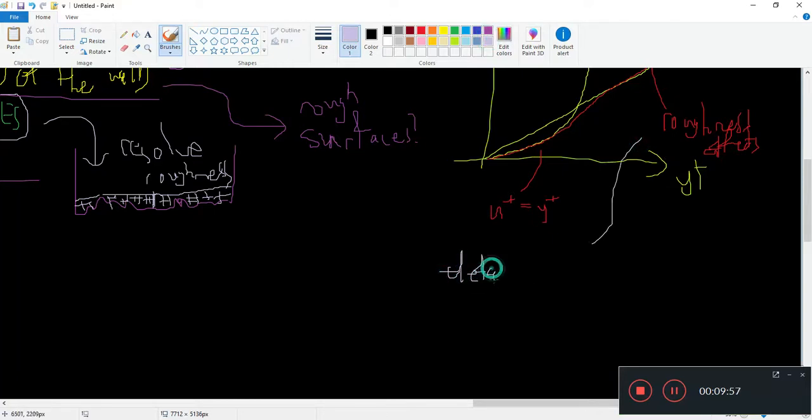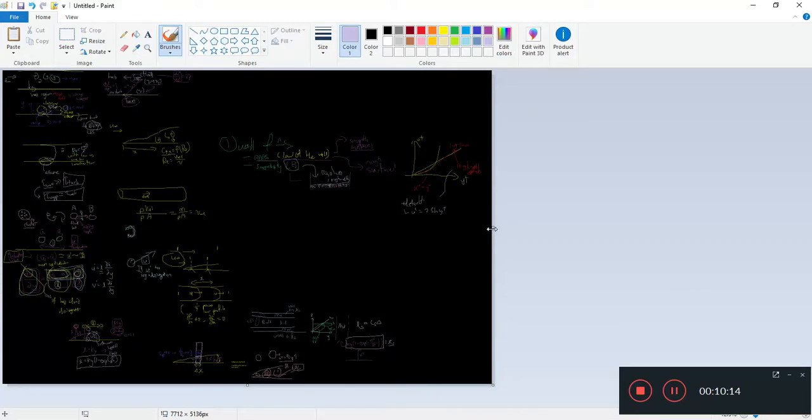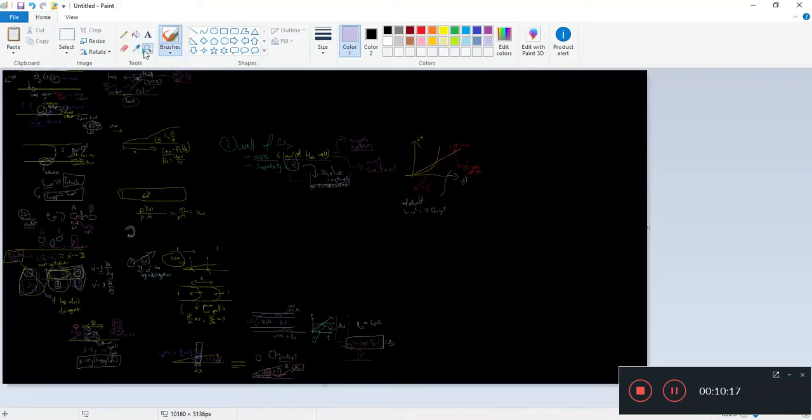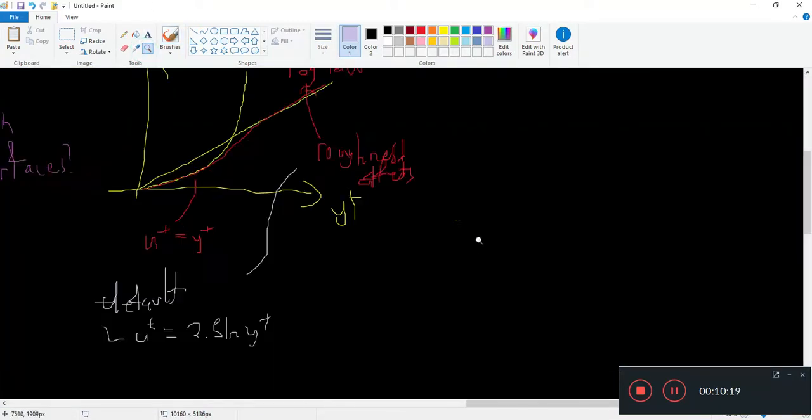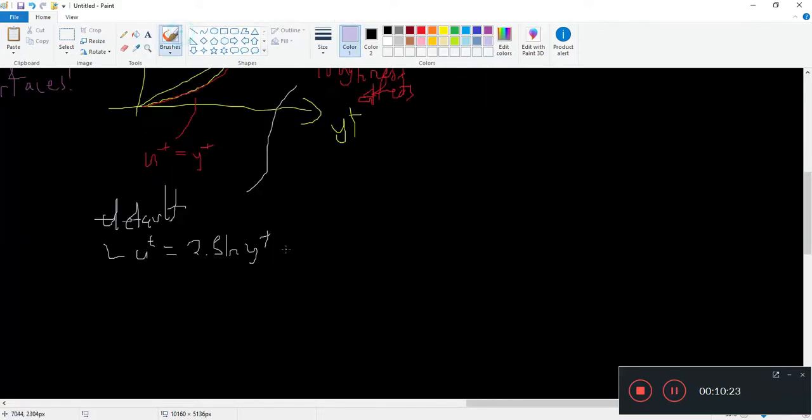Okay, default is U plus equals 2.5 ln y plus, and this is normalized by friction velocity, of course. If you've been looking at our other videos, okay, U plus equals 2.5 ln y plus 5.5.